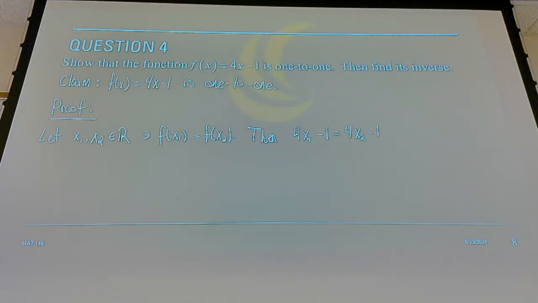Well, if f of x1 equals f of x2, that would mean that 4x1 minus 1 has to equal 4x2 minus 1. If you add 1 to both sides, you'd have to get 4x1 equals 4x2, right?